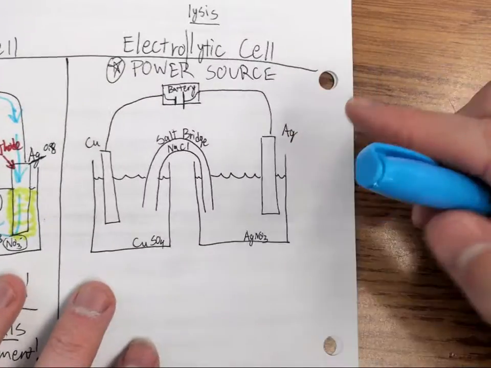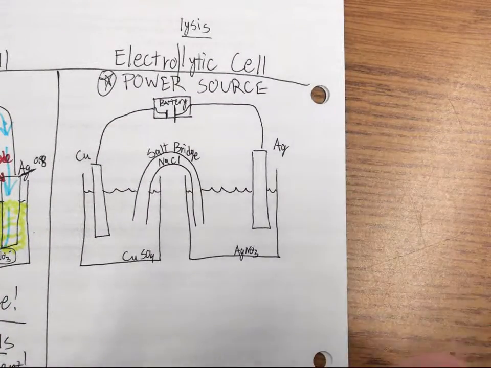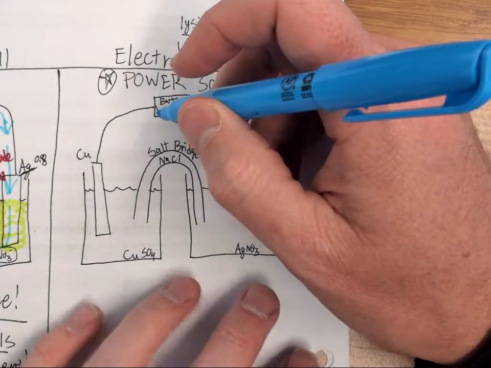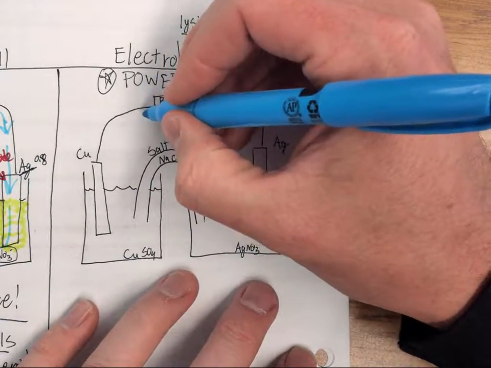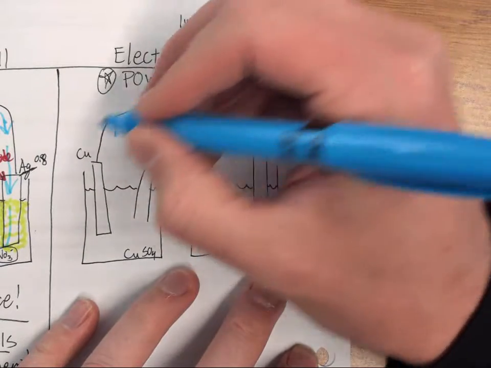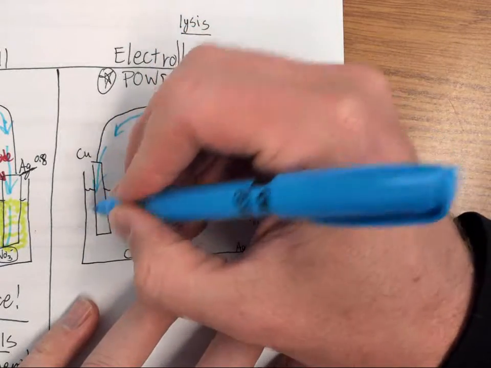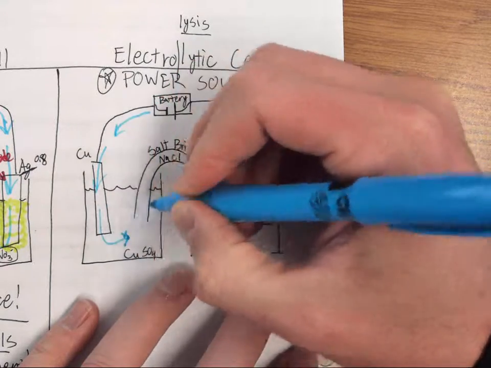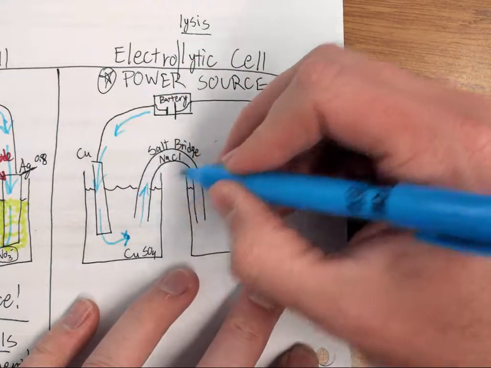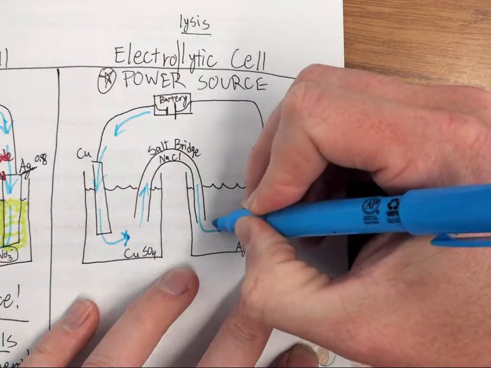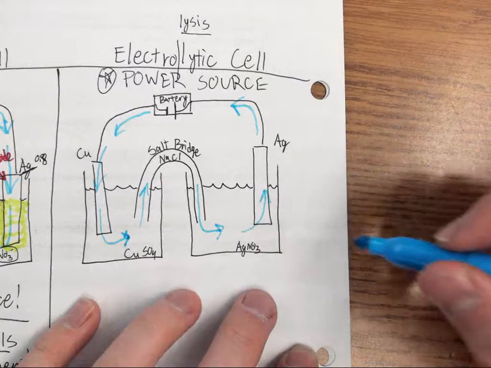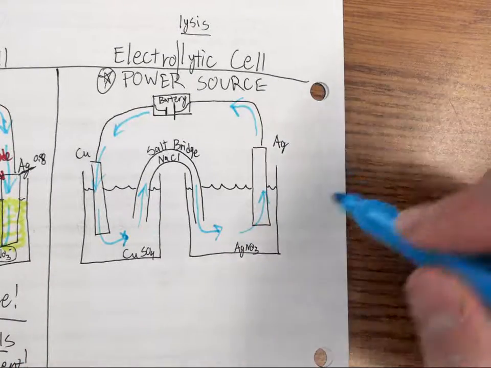So in this case, if we have a battery, that's going to provide our energy for it. And so we can force the electrons, that's an arrow, I promise, to go this way, and go against kind of the natural order of things.